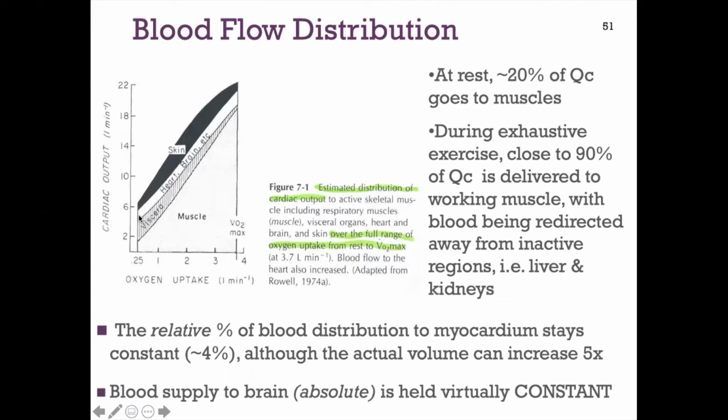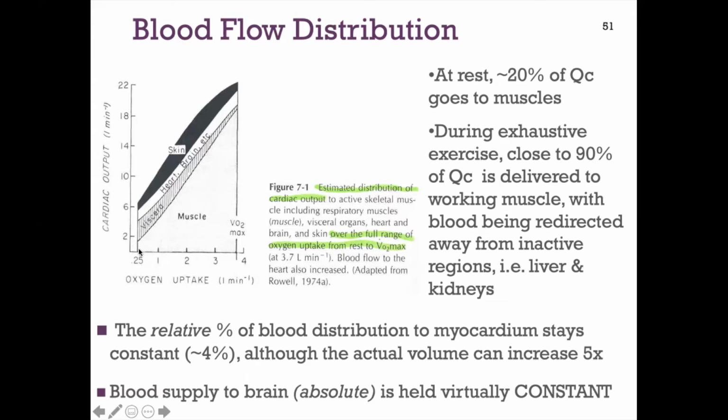The heart and brain pretty much stay steady from when we are at rest to when we are exercising. And then our skin has some interesting compensations as well. Our skin gets relatively little of our cardiac output, even though the skin is the largest organ we have within our body. Now let's see how these things change as we move from resting to exercise.